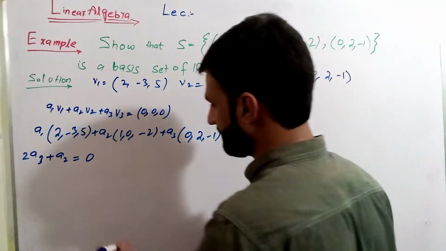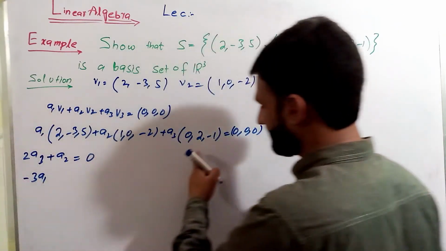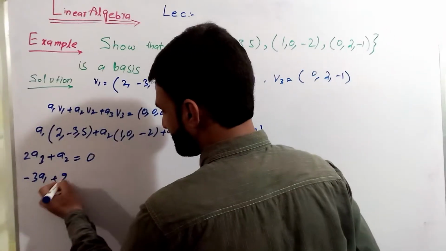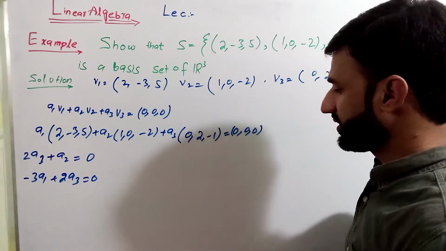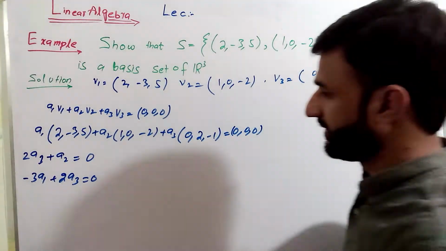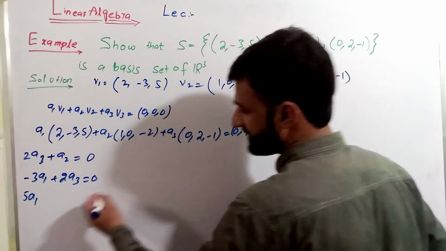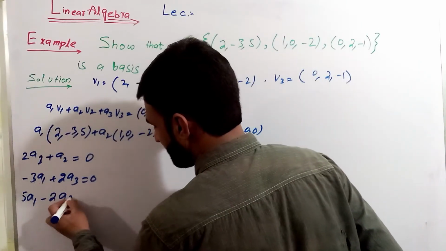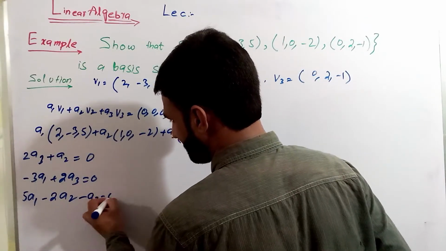The second coordinate gives -3a1 + 2a3 = 0. The third coordinate gives 5a1 - 2a2 - a3 = 0.